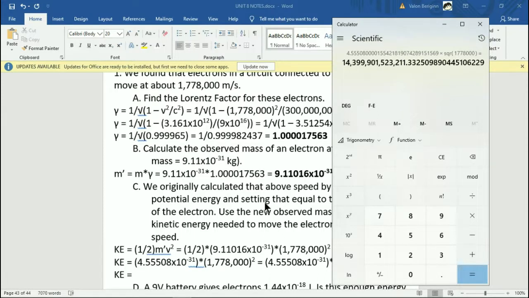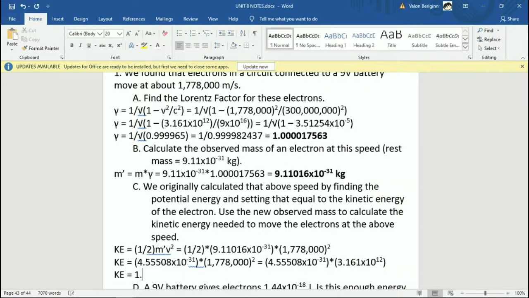So hold on, that exponent should not be that. Okay, yeah, there we go. 1.43999.